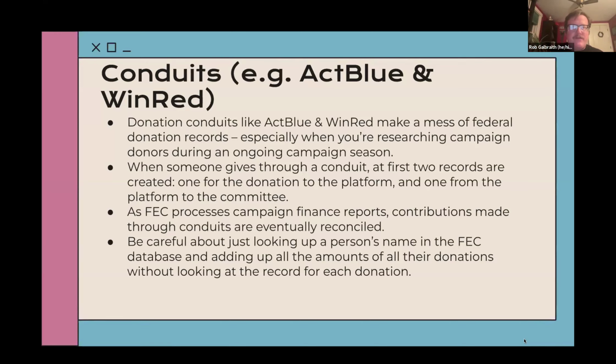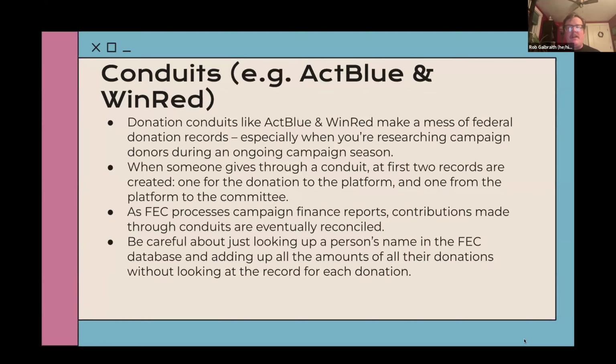Where the problem arises for researchers is that the FEC does not currently have a great way to handle all these donations coming through these conduits. This is especially an issue when you are looking at donations for ongoing campaigns, because frequently you will get multiple records created for one donation.